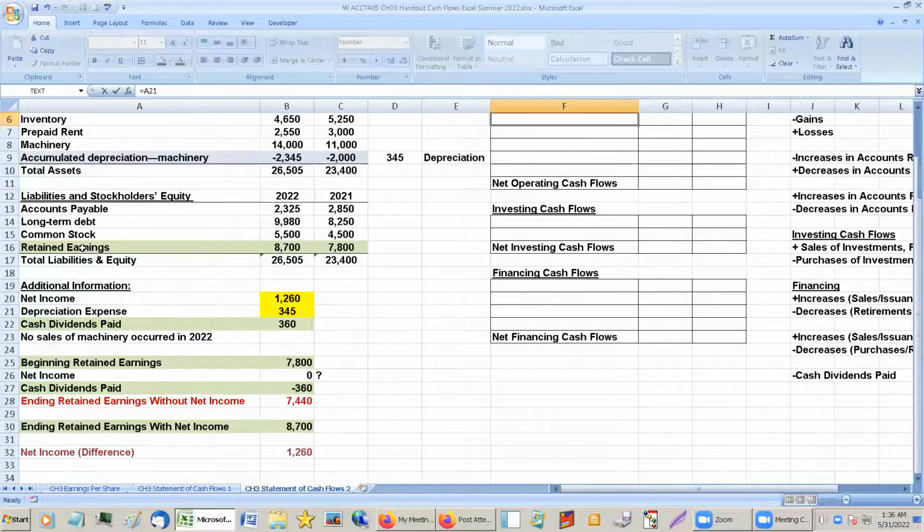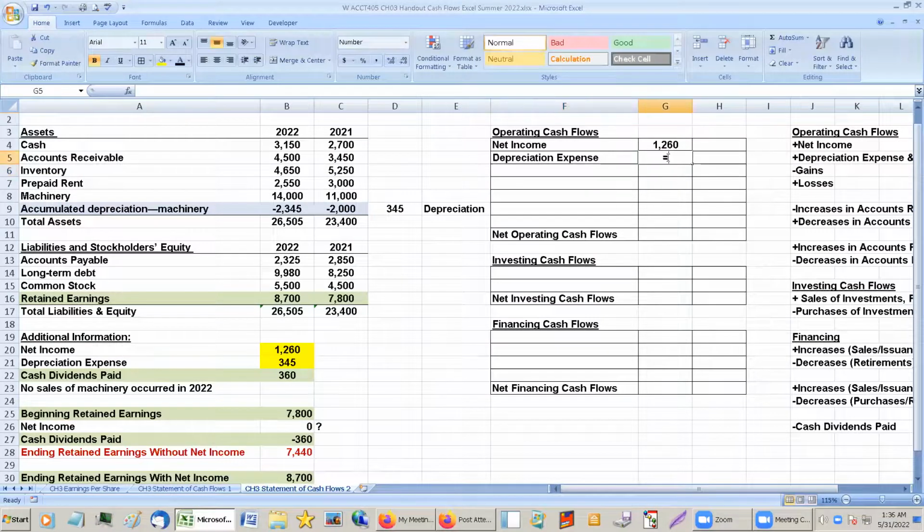Depreciation expense. Coming over here, let's see here. We have to see if these increase or decrease. So this will be an increase.